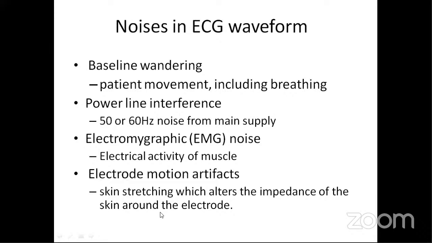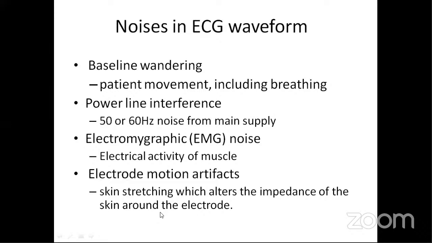Okay, so baseline wandering is due to patient movement, including breathing, and power line interference is 50 to 60 hertz noise from the main supply. Since we need a main supply to record the ECG waveform, if you get interference from that inside the ECG recording, that is power line interference.